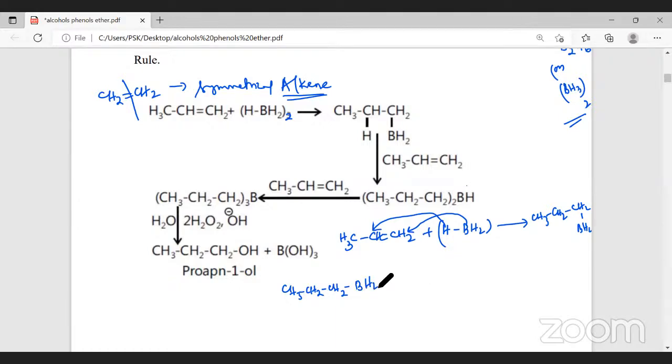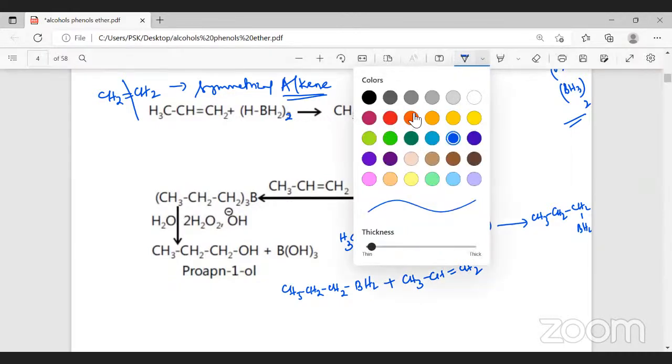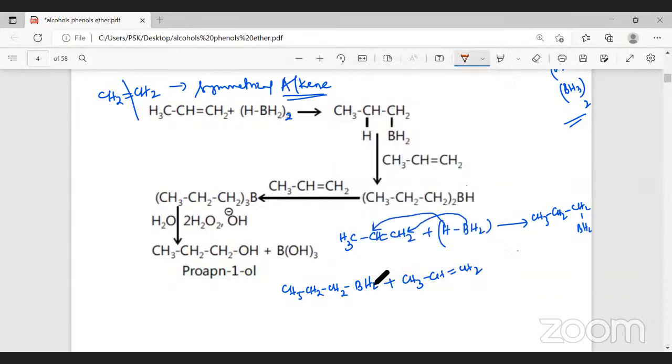Yes, sir. Now, if I allow this to react with another propene molecule, this hydrogen attacks this carbon, and this whole group attacks this carbon. Therefore, the pi bond breaks.